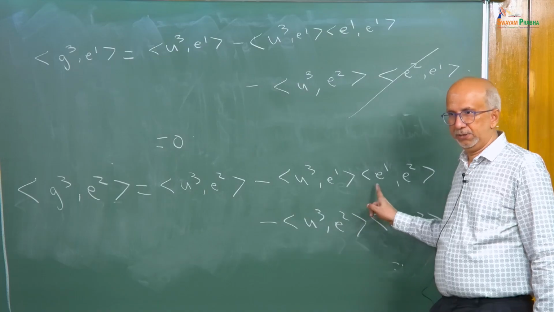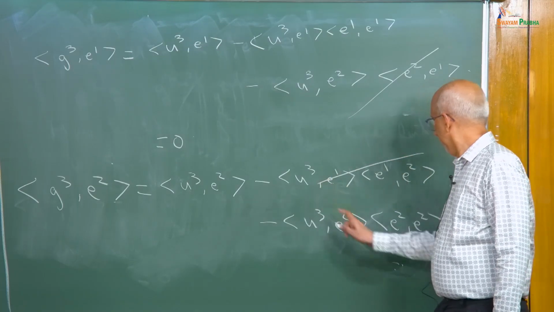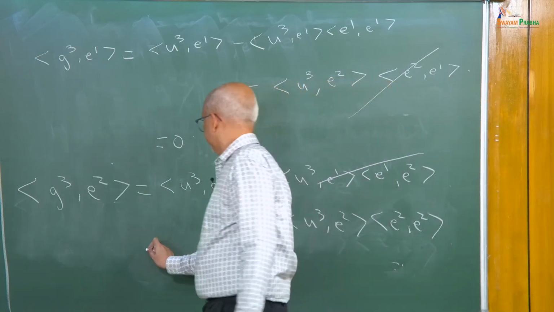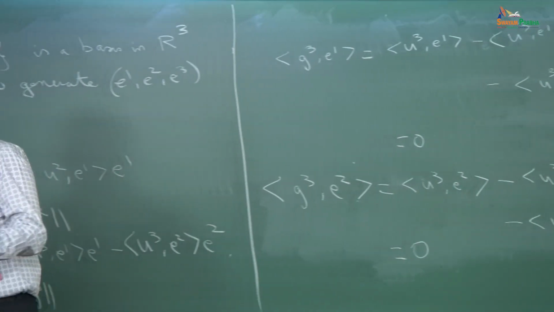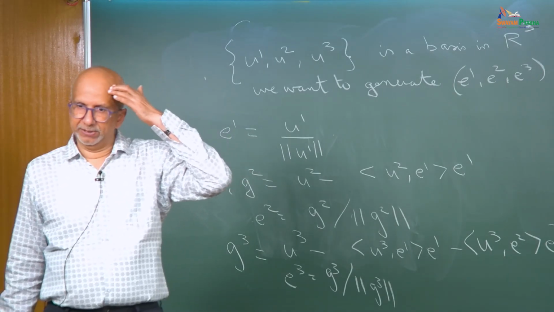In this case, these two are perpendicular, so that goes to 0. E2 with E2 is 1. So these two will cancel and I get 0. So basically what I am trying to tell you is that G3 is perpendicular to E1 and E2. I normalize it, I get E3.